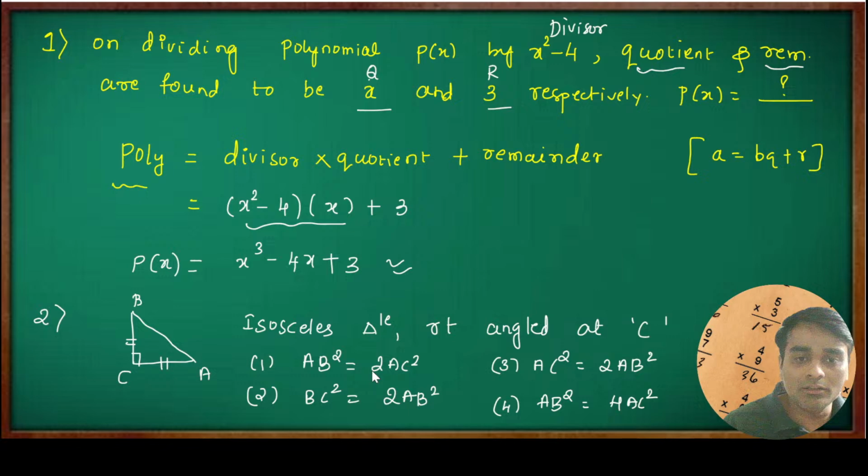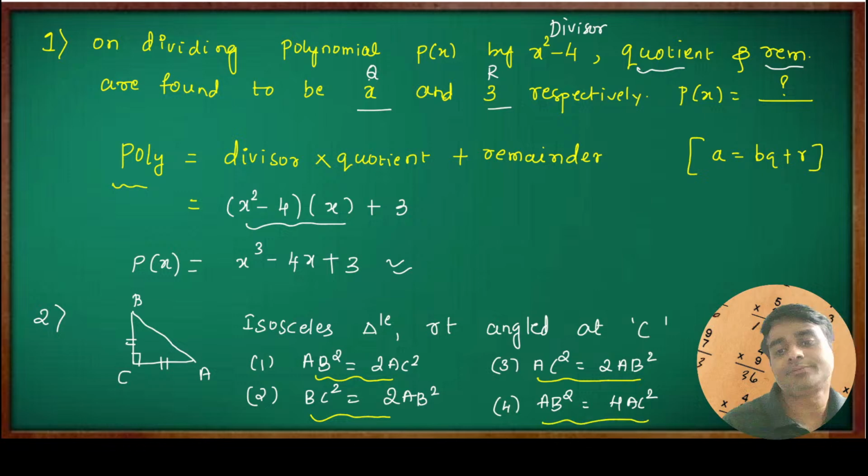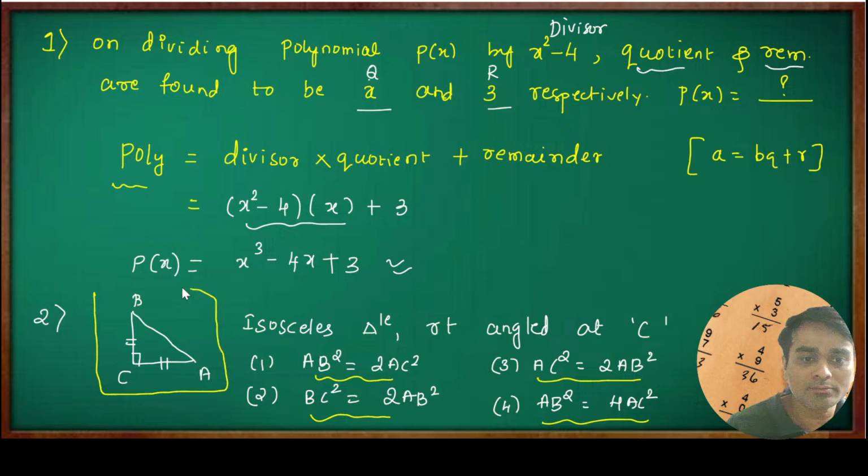If you see every result given here, absolutely this is Pythagoras theorem only. So you just need to apply Pythagoras theorem to this given triangle. We all know Pythagoras theorem is: hypotenuse square equal to base square plus height square.